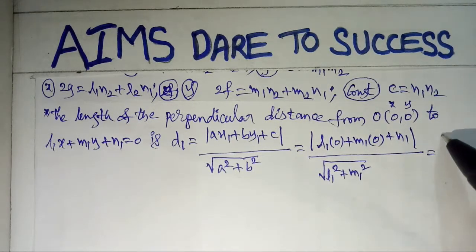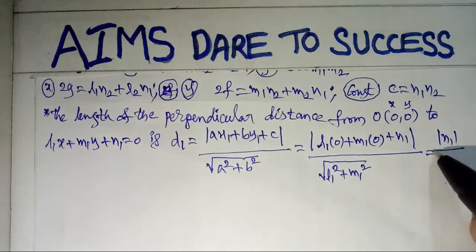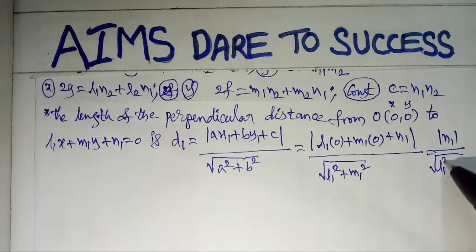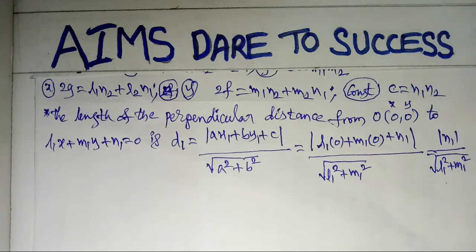The remaining value is |n1| / √(L1² + m1²).